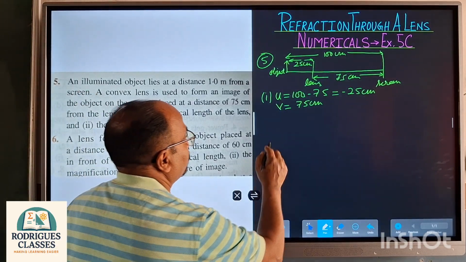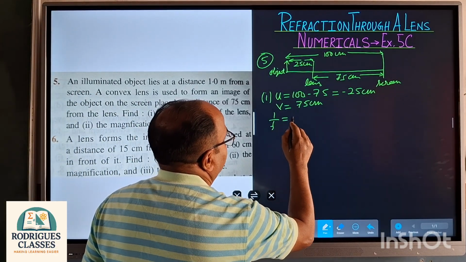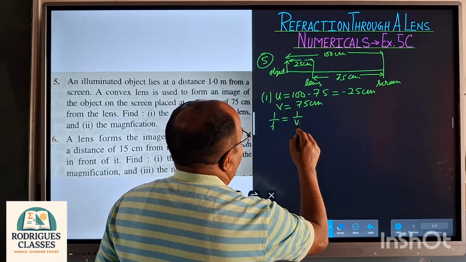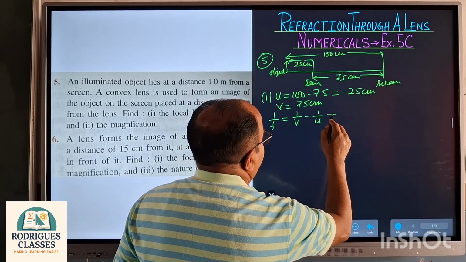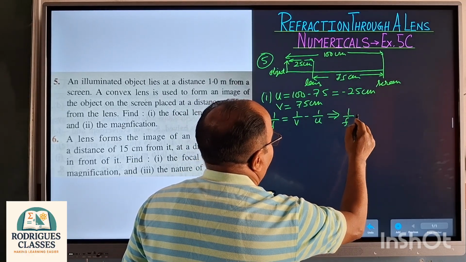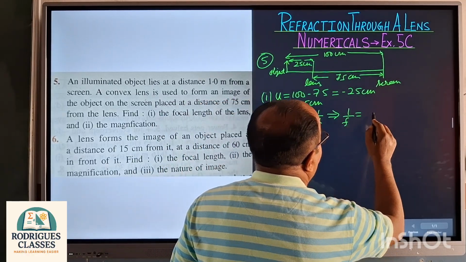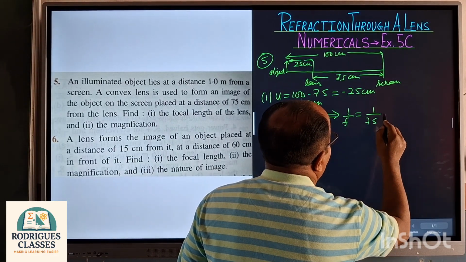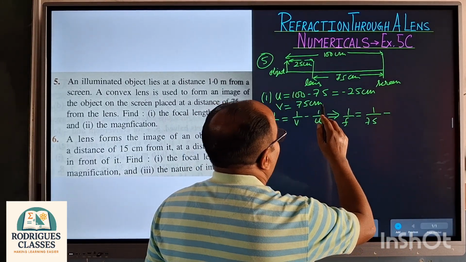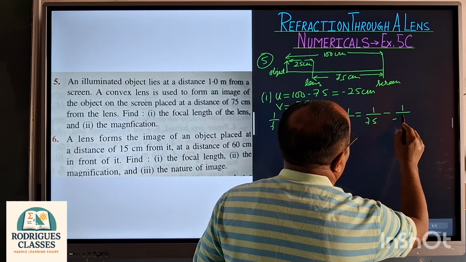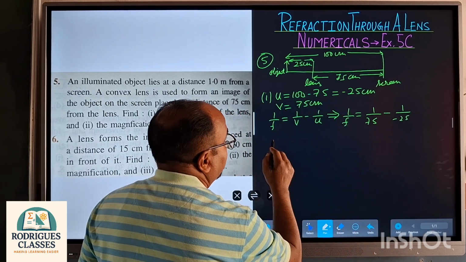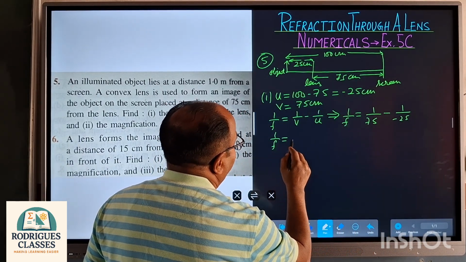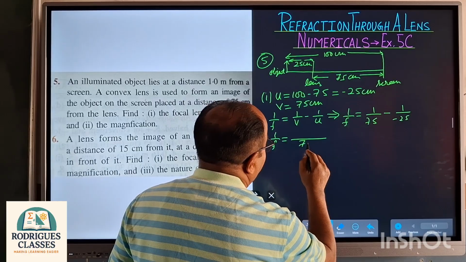And now let us go to find the focal length. So formula written, let us substitute the values. 1 by 75 minus 1 by U. So U is minus 25. So I will get 1 by F. LCM will come as 75.